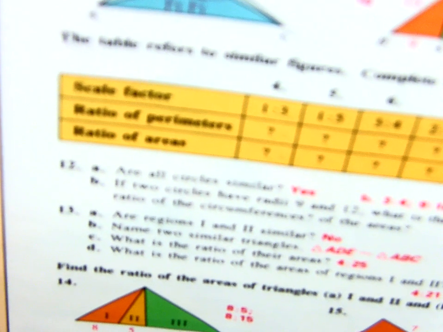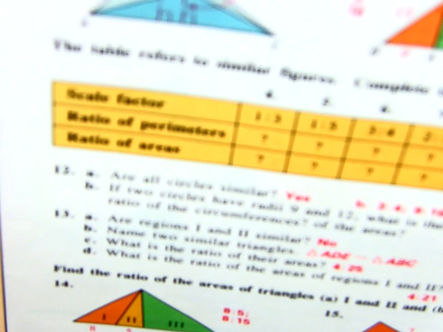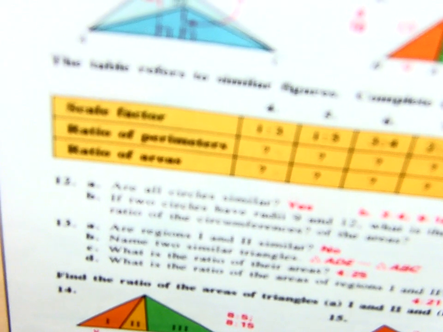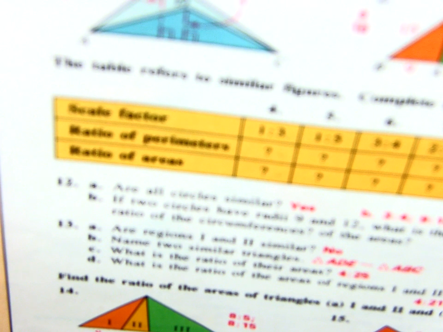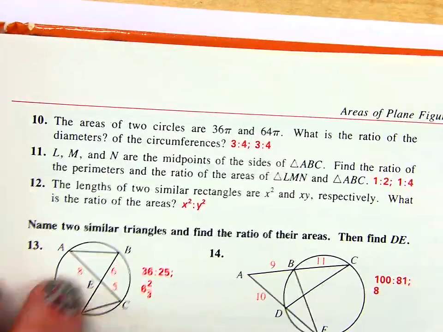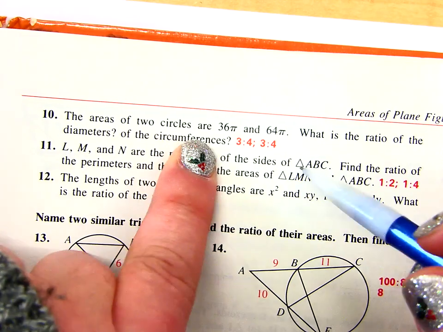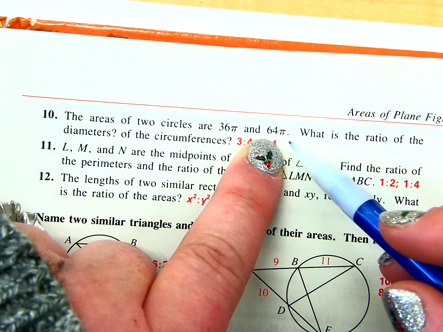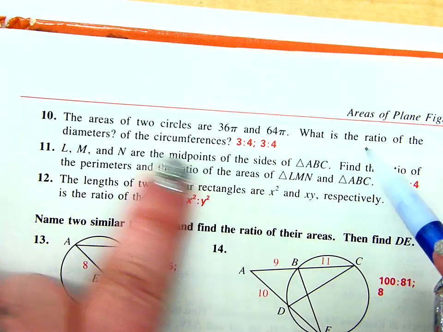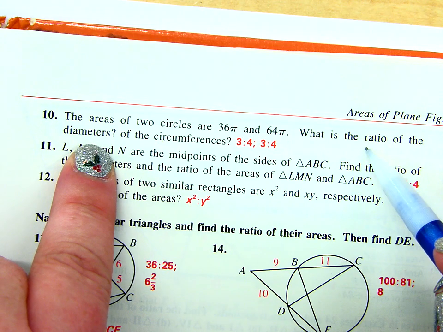Let's look at one, like number 10. Pretend you don't see the answers. It says, the areas of two circles are 36 pi and 64 pi. What is the ratio of their diameters?